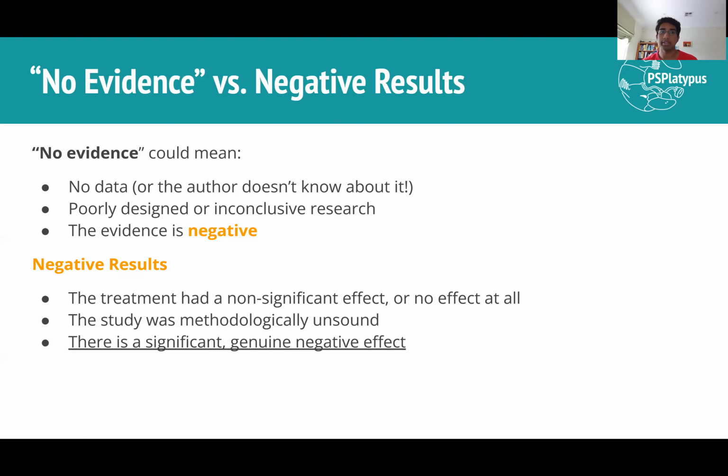So negative results themselves can mean either we think that it does nothing, which is true of a lot of CAM, or we think that it does bad stuff. This is a difficult one to tease out, but if you understand the basic idea, no evidence means either we don't know what it does, or we don't know with certainty, or that it doesn't do anything.